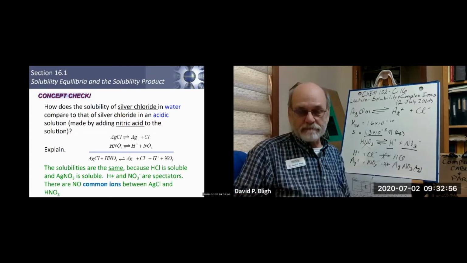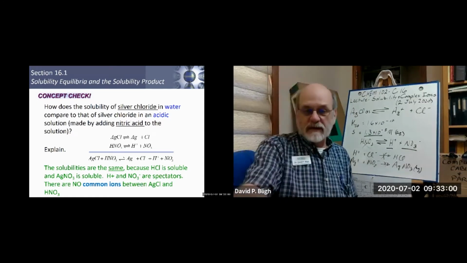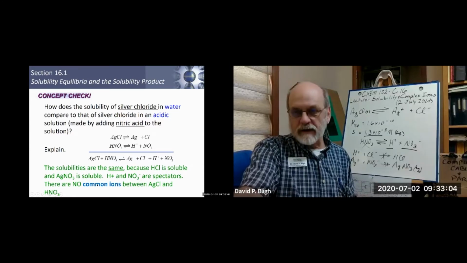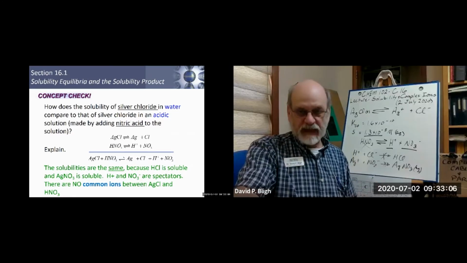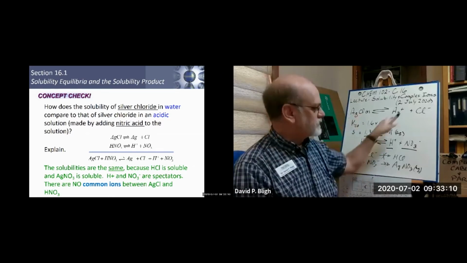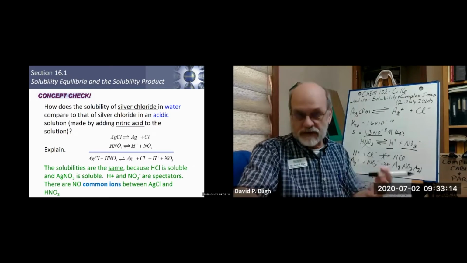Okay? There are no common ions that remove either silver or chloride from solution. That's the only way that you can increase the solubility of silver chloride, is tying up either one of those ions. And we haven't done it with this scenario.